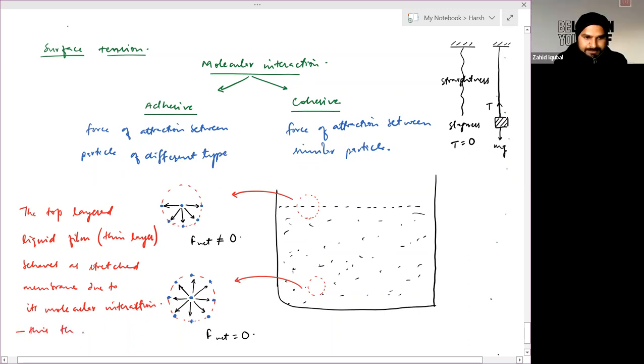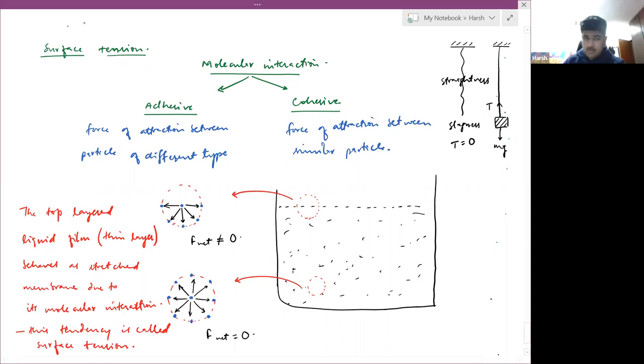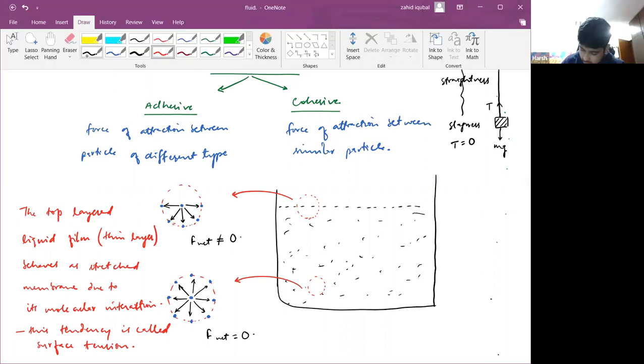This tendency is called surface tension. Any doubt, Harsh? No, sir. Okay, just write it down.